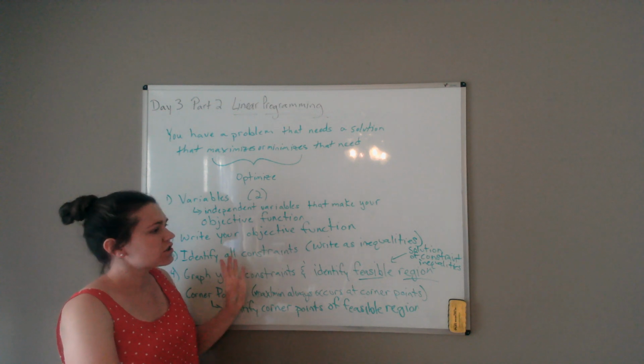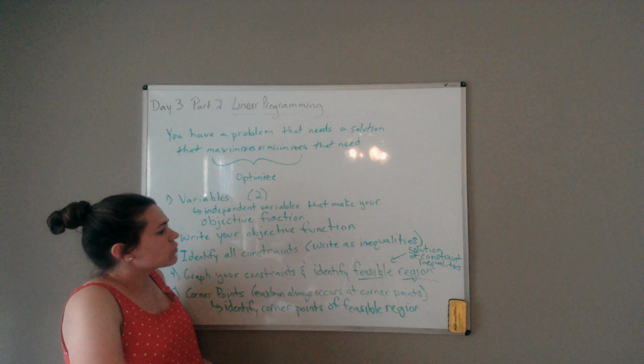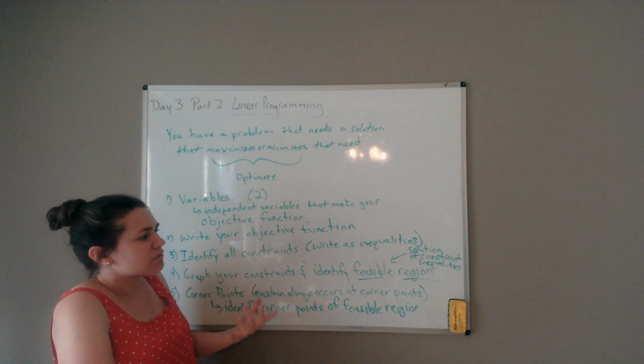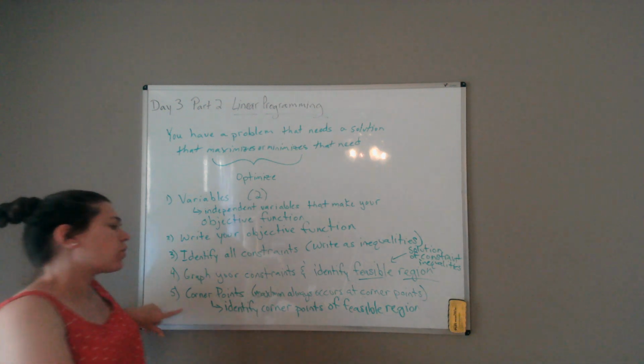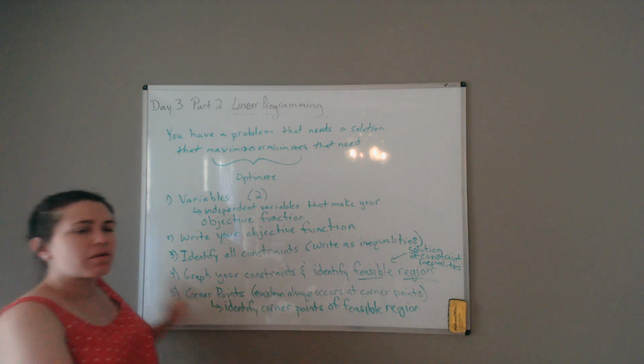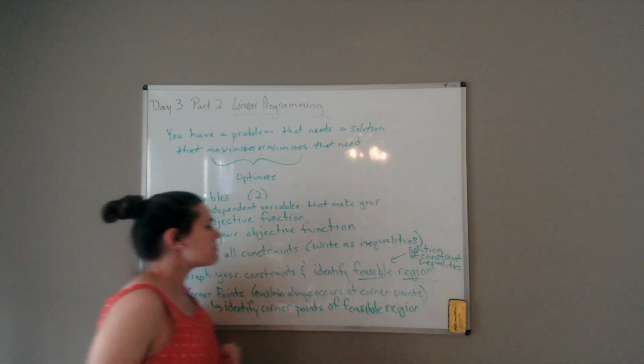So the feasible region is all the possible toy A, toy B, toy C's that I can make that satisfy your constraints. And then the corner points are going to be where the maximum profit is, where the minimum profit is.